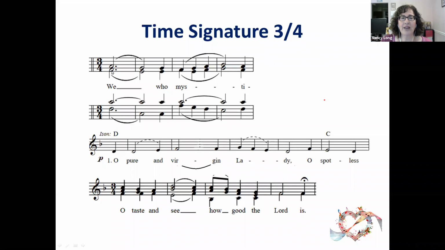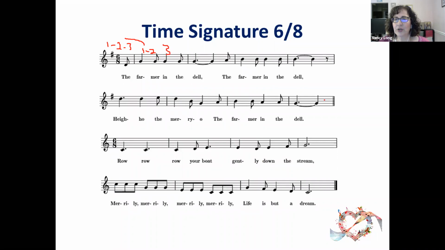That dotted half note is 3 beats, and then a half note and a quarter note added together is 3 beats. And then the next measure has 3 quarter notes, which is 3 beats. I think you are starting to understand, and I would like to move on to the next example.